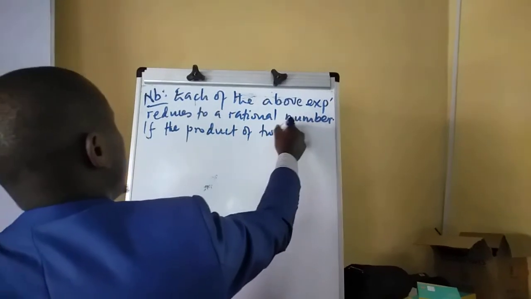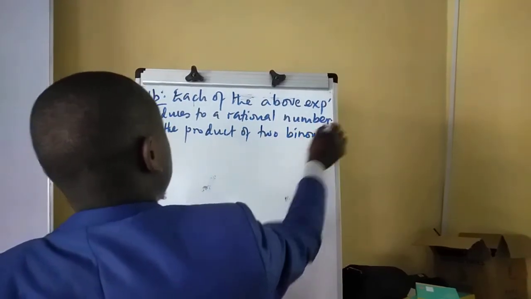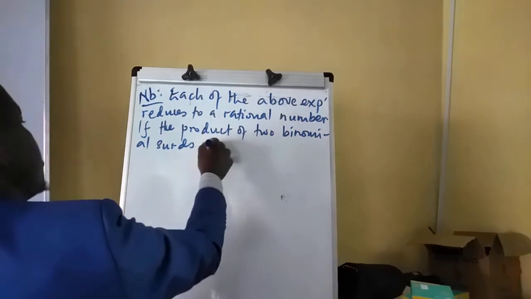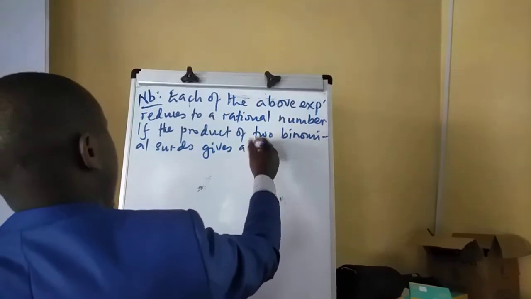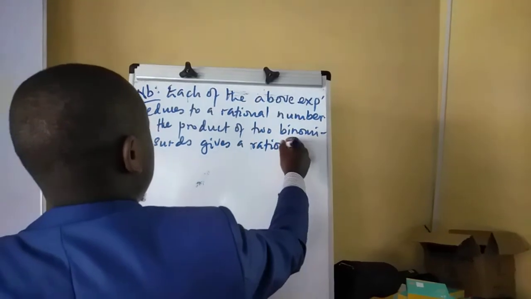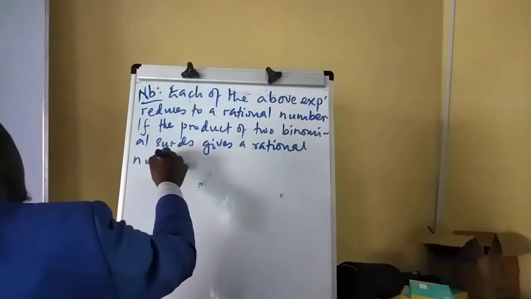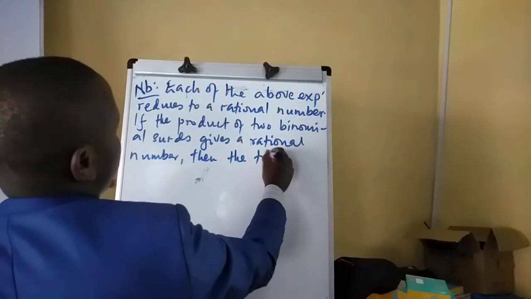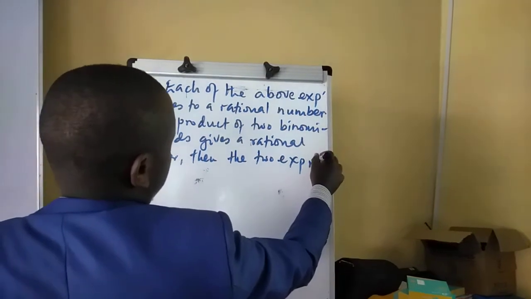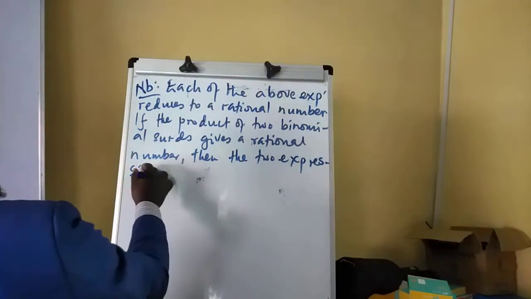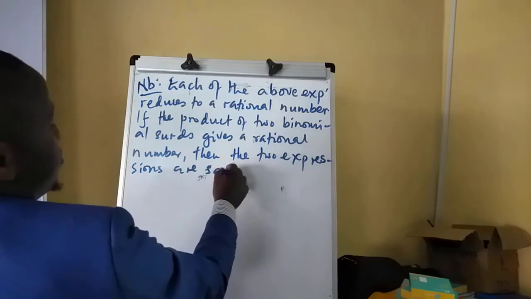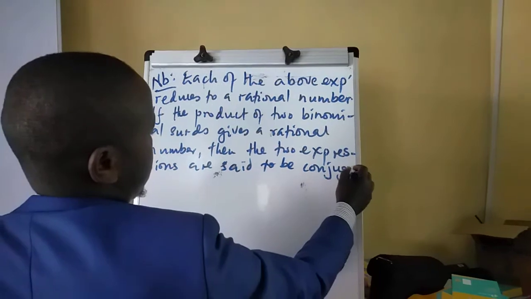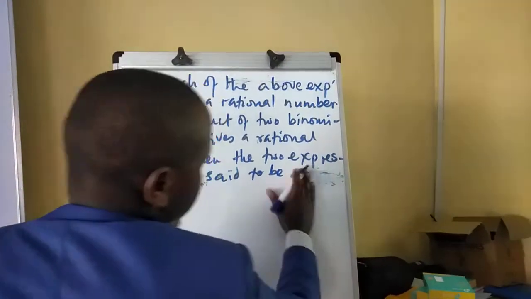Then we can say if the product of two binomial surds gives a rational number, then the two expressions are said to be conjugates. Let me write it in full.